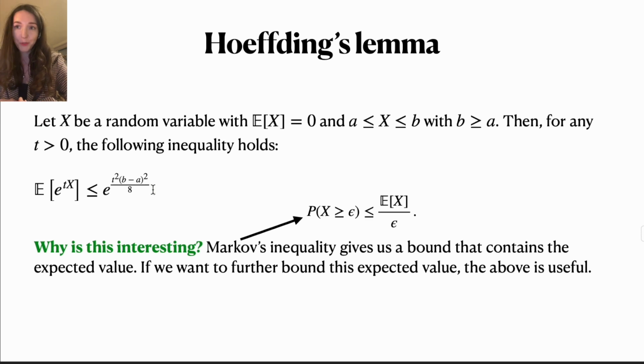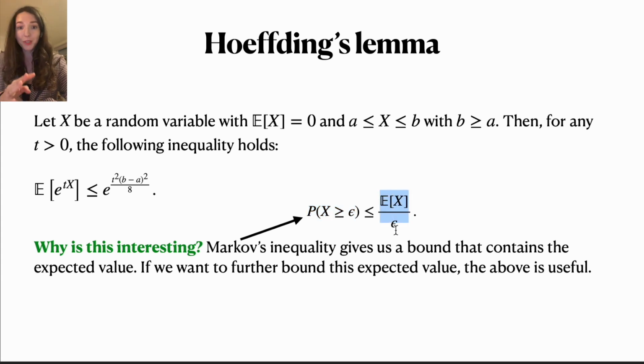How can this be useful? So why are we looking at Hoeffding's lemma all of a sudden? Well, remember that Markov's inequality, and specifically also Chebyshev's inequality, gave us something that on the right-hand side had an expected value. So Markov's inequality was this: the probability that x is greater than epsilon was bounded by the expected value divided by epsilon itself.